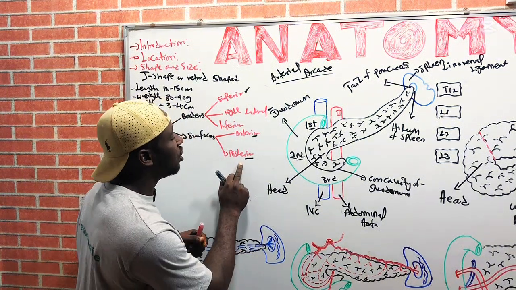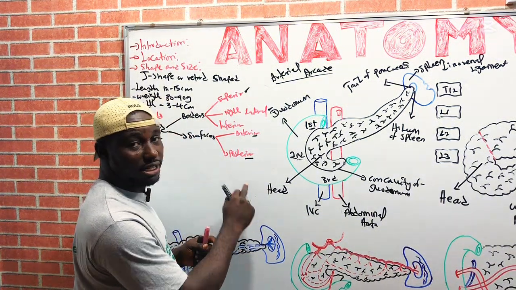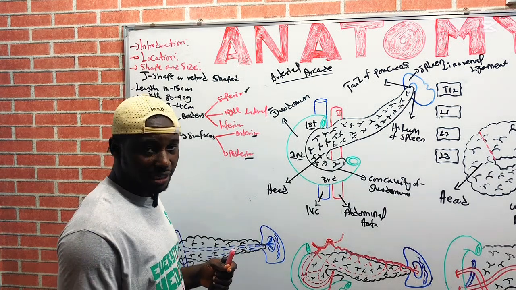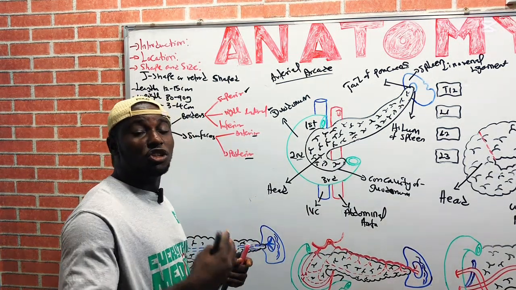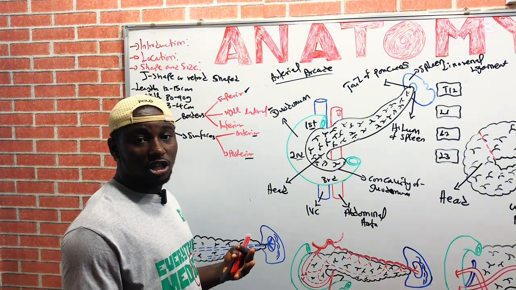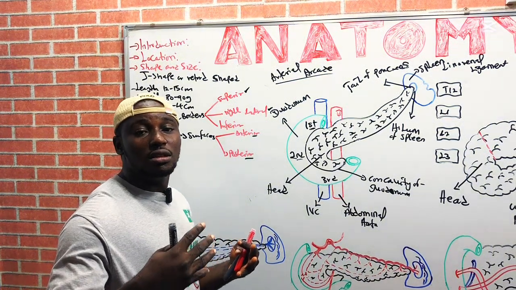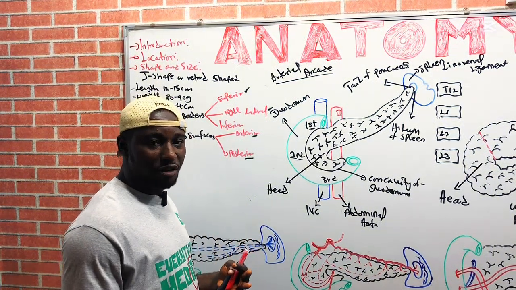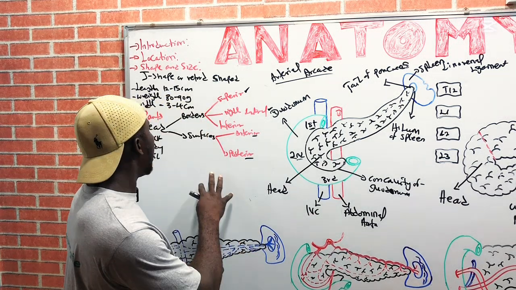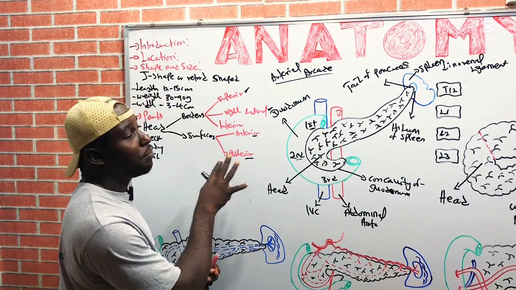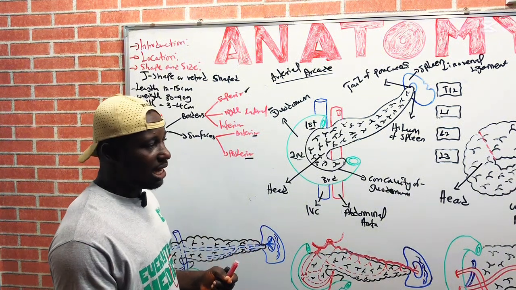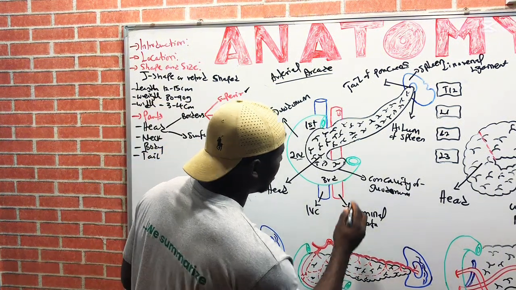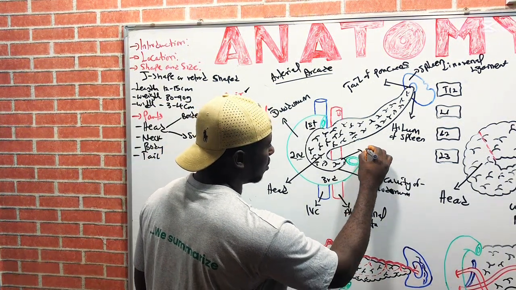The posterior surface is related to the IVC, the left renal vein, the bile duct, and the left crus of the diaphragm. So that is how the head of the pancreas is fashioned. The remaining one is the uncinate process.